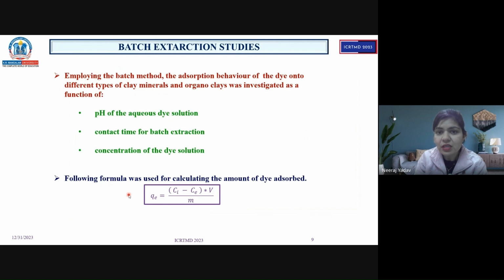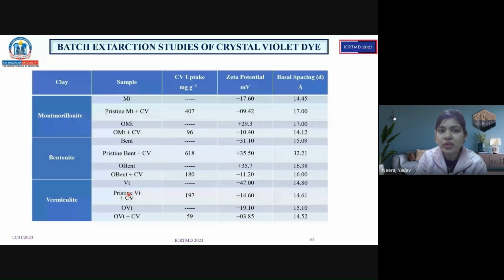After applying these batch extraction studies, what we found is that in the case of the crystal violet dye, the maximum interaction was found with the pristine clay mineral. Here we can see pristine montmorillonite, and this is the pristine bentonite, because of the electrostatic interaction. So here there are two types of possible interaction, the first one of which we will discuss in the coming slides.